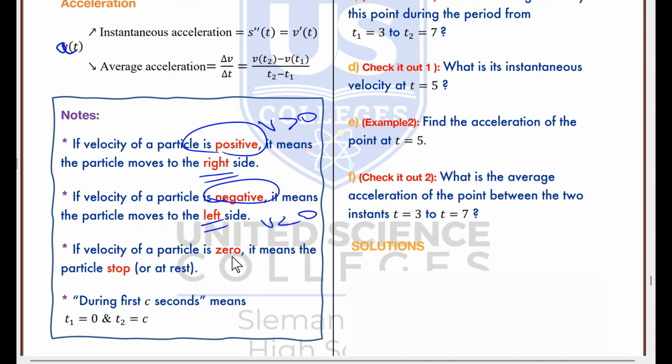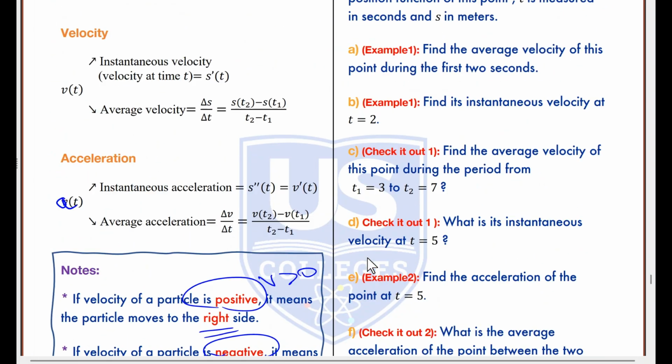And if the question says the particle, the object, stops or is at rest, then we will understand that velocity is 0. And when we are given the period, the question will tell us to find velocity or acceleration during first some seconds. So it means t1 is 0, t2 is that given number.